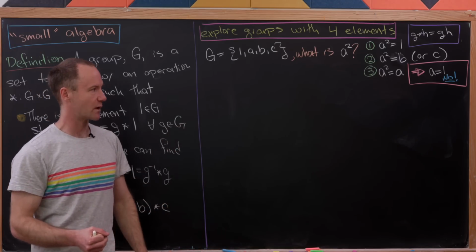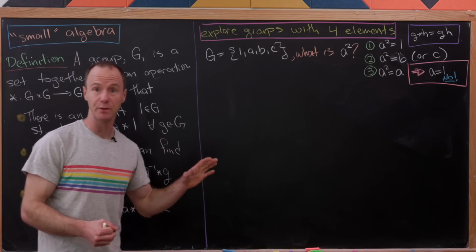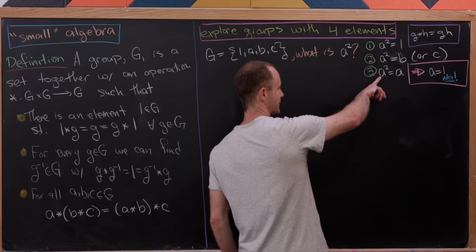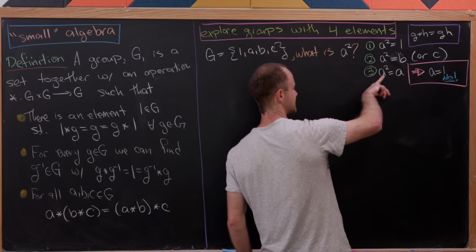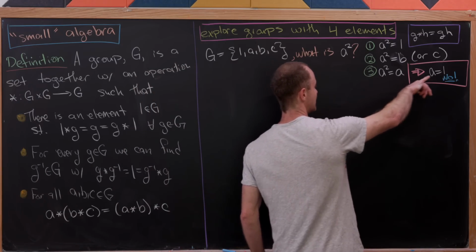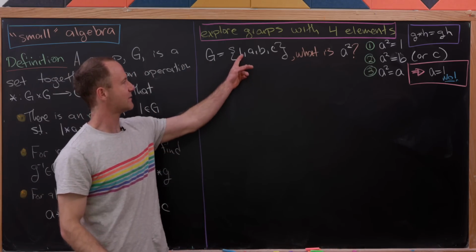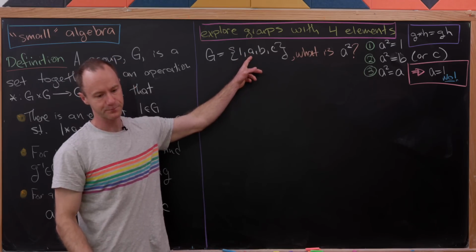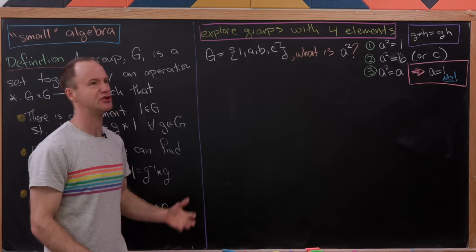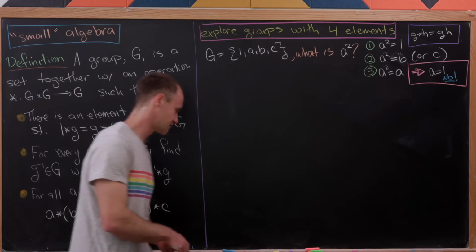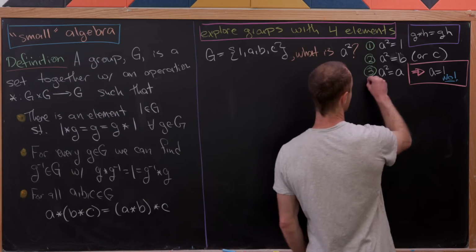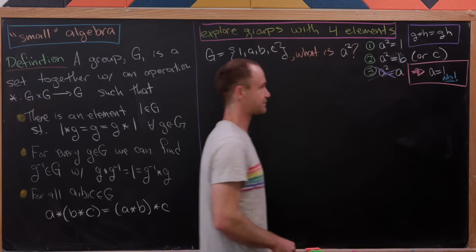Or we could have A squared equal to A, but actually we can't have that because if we left multiply both sides of this equation by A inverse, that tells us that A is equal to 1, but that means that this element and this element are the same, which means we indeed do not have 4 elements. So, like I said, this is impossible.